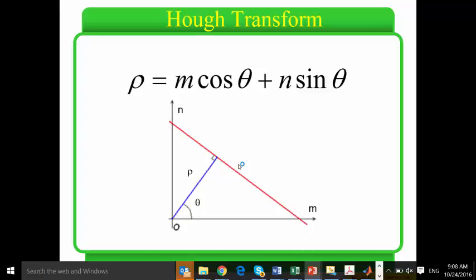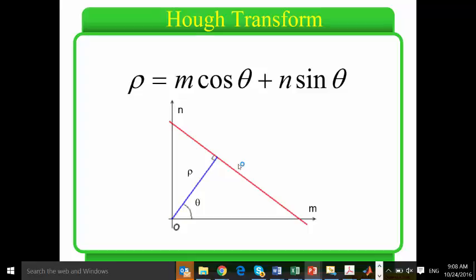This distance here and this distance here: rho is equal to the summation of these two distances. The first part is from the origin to this point, let's call this point S. From O to S, what is the length of OS? It's m cosine theta.